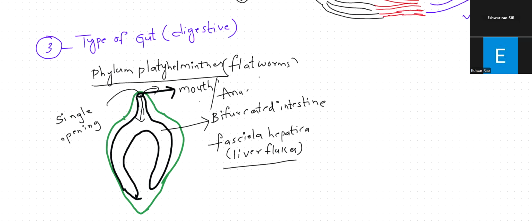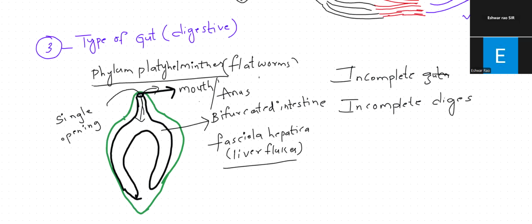When a gut has a single opening that serves as both mouth and anus, such a type of gut is considered an incomplete gut, or incomplete digestive system. Is it clear?